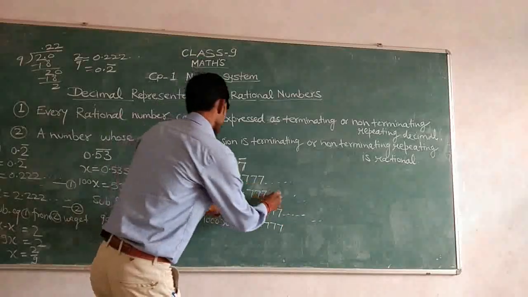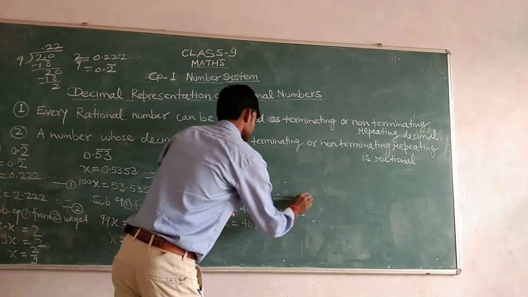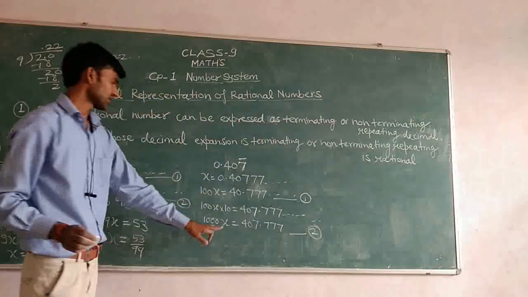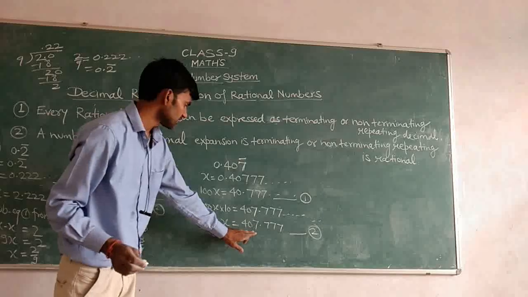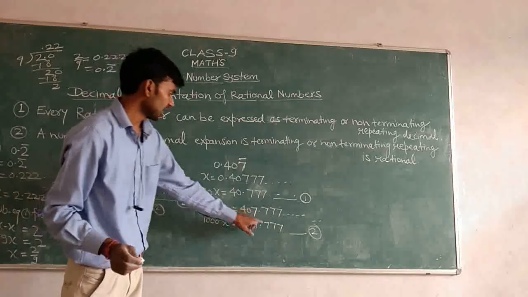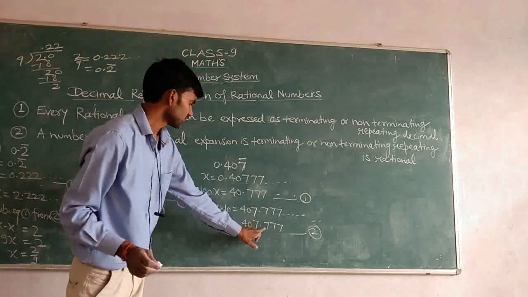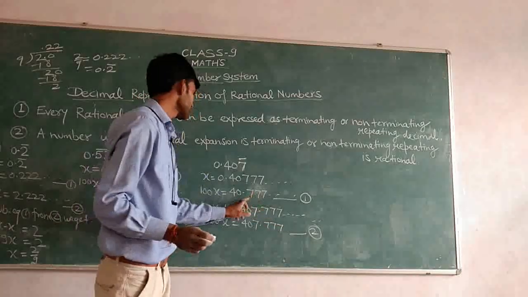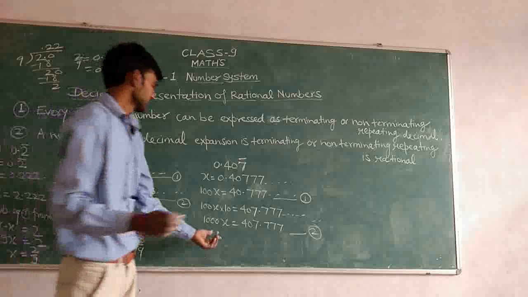Now name this equation number 1 and this equation number 2. Look at 1 and 2. The whole numbers are 407 and 40, and the decimal portions are the same, 777 here and 77 here.